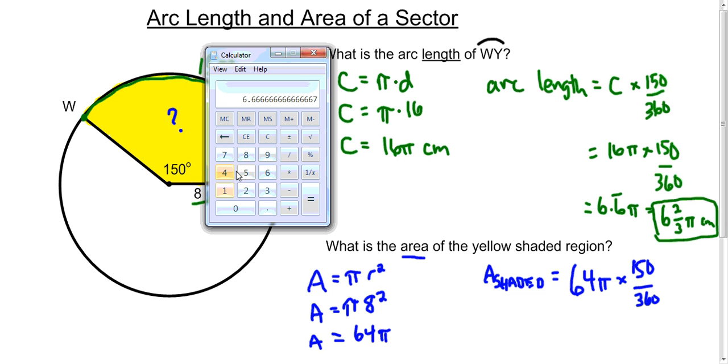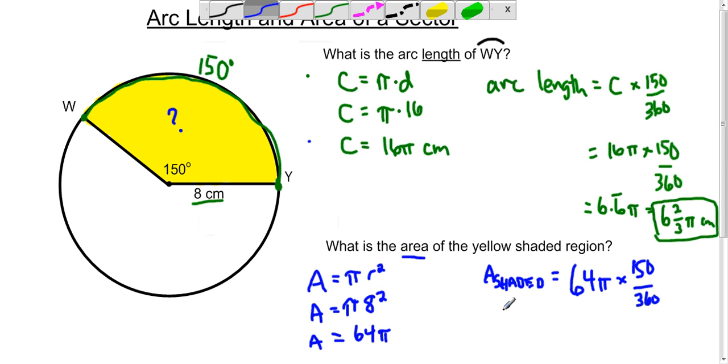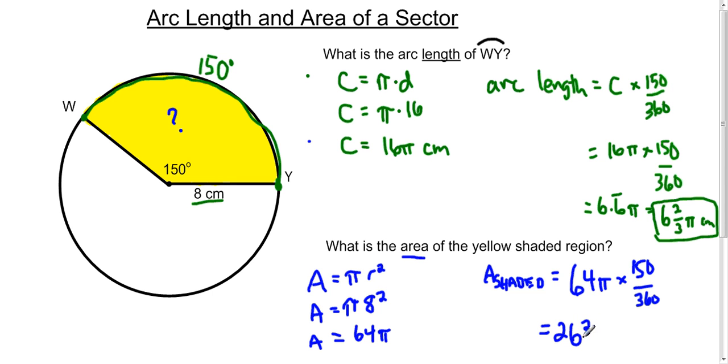So we've got 64 times 150 divided by 360, and I get 26 2/3 pi centimeters squared. I forgot my units on area. This is also centimeters squared.